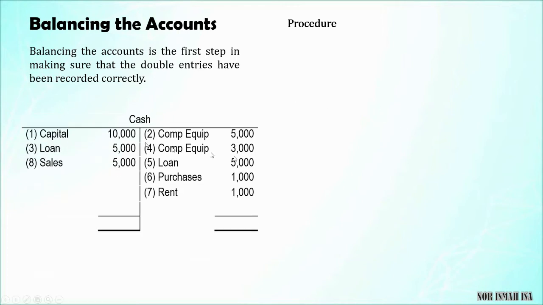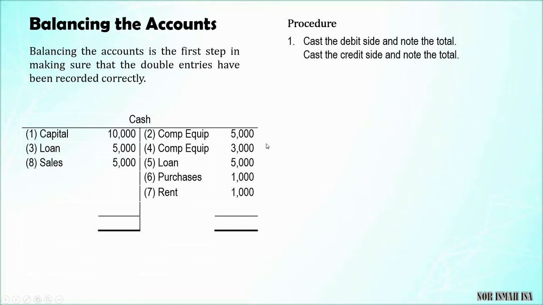this is the cash account that we have recorded before. First, take the debit side and note the total. Same for the credit side, note the total. So for the cash debit side, the total is 20,000. Just note down. And then for the credit side, the total is 15,000, note it here.